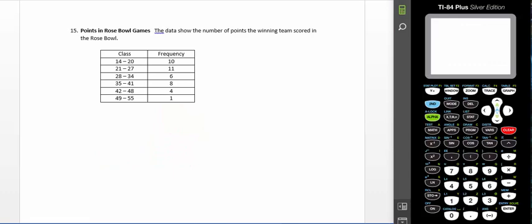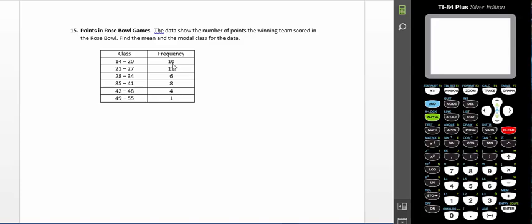Number 15. The data show the number of points the winning team scored in the Rose Bowl, and you're asked to find the mean and the modal class for the data. So this is grouped data. In grouped data, there are 10 winning teams that scored between 14 and 20 points, but you don't know exactly what the scores were.